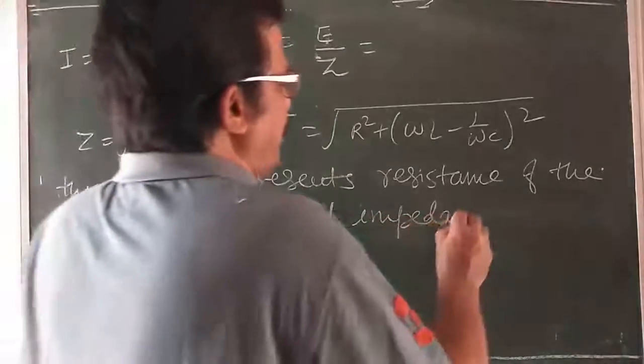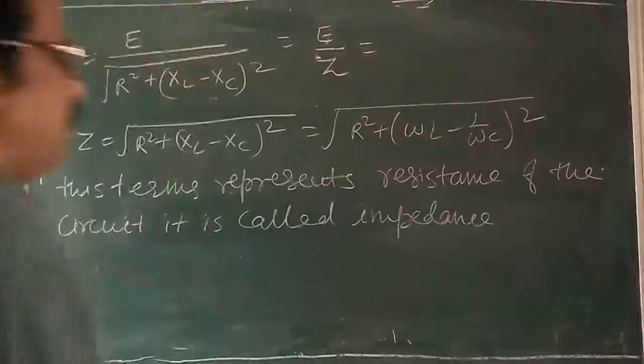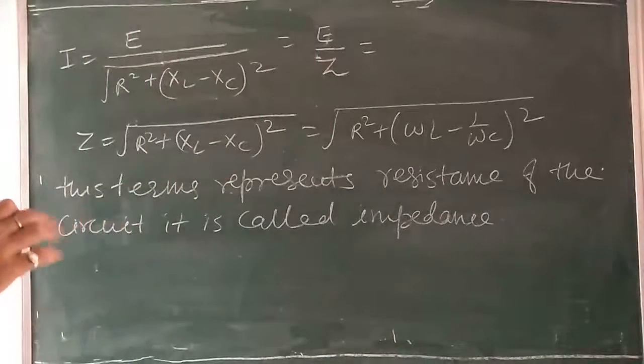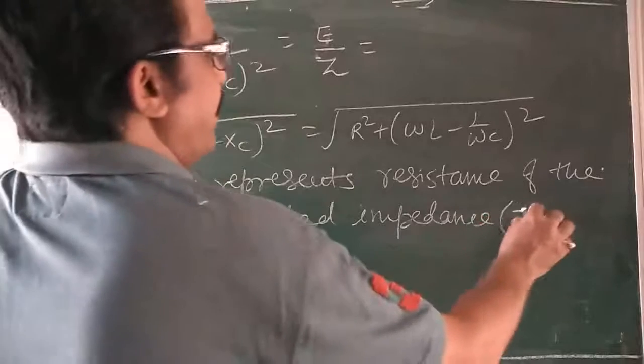It is called impedance of the circuit, that is represented by Z.